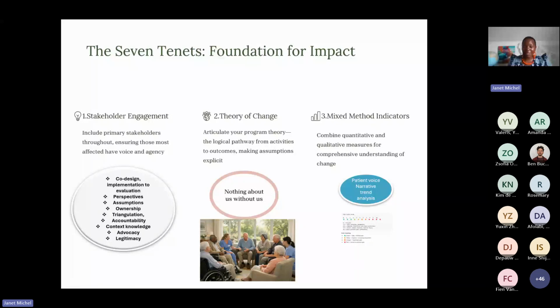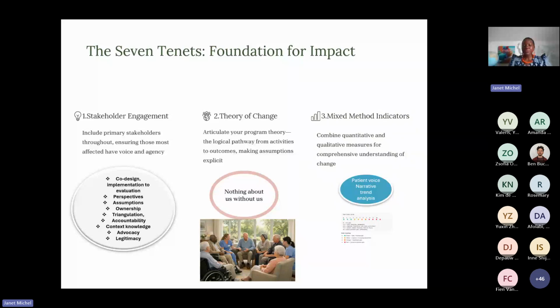If you don't describe how you expect the change to happen, there's no way another person or yourself can tell whether you have reached the set objective, because you never described what the objective was and how you wanted to get there. So it's really important to articulate an intervention theory of change with clear logical pathways of activities, and also making the assumptions explicit.